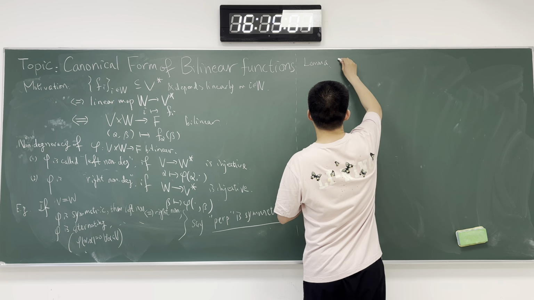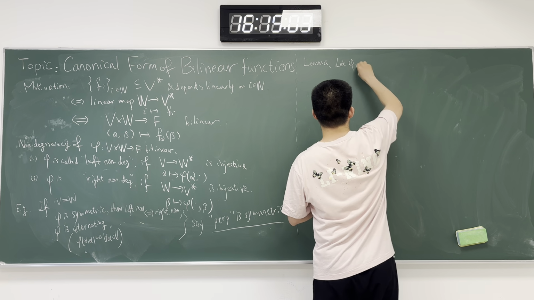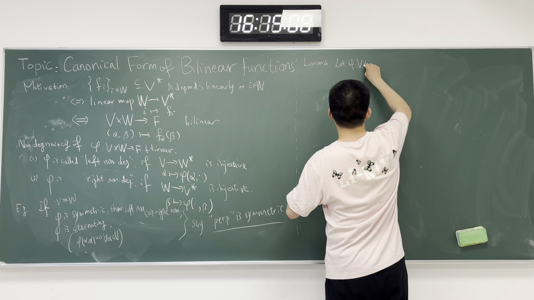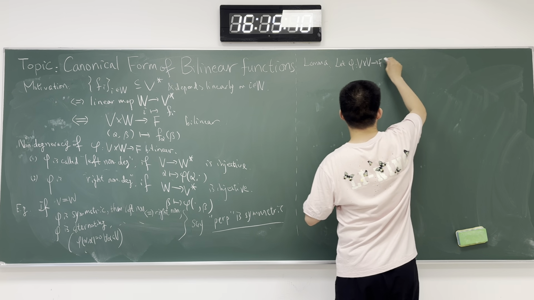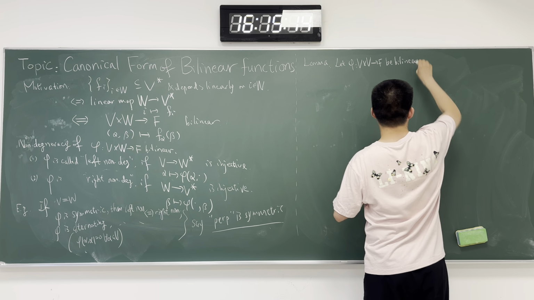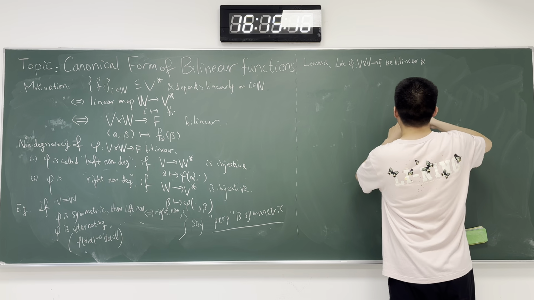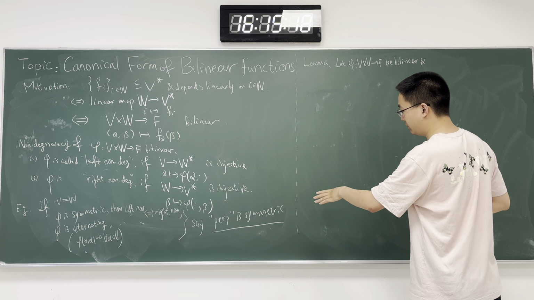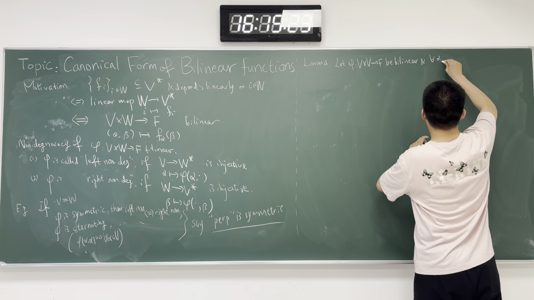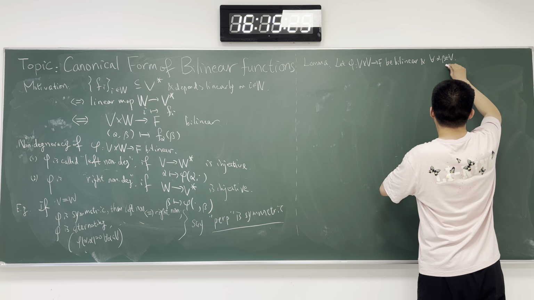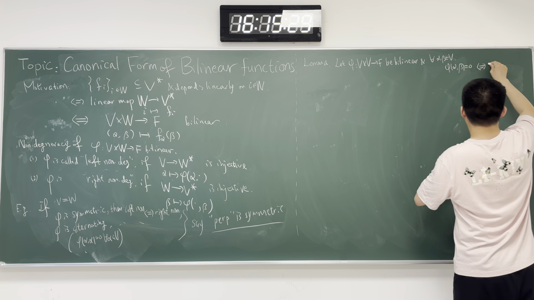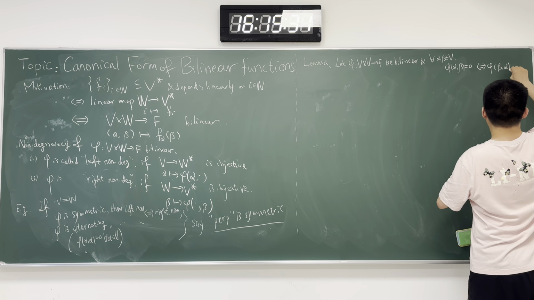Phi is just a bilinear function on V times V with the symmetric perpendicular property, say for any alpha, beta in V, Phi alpha beta is 0 if and only if Phi beta alpha is 0.